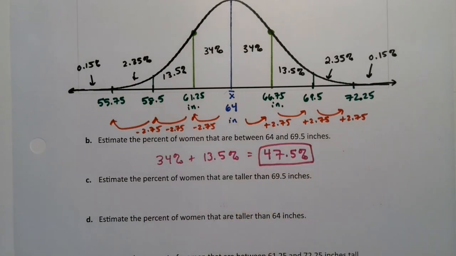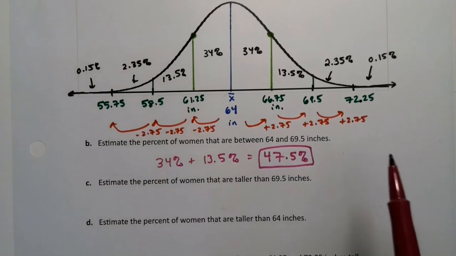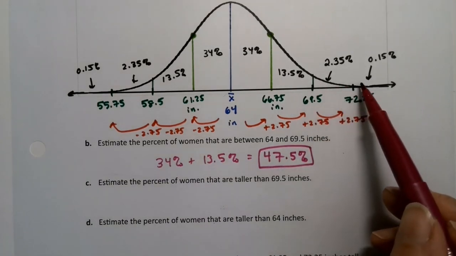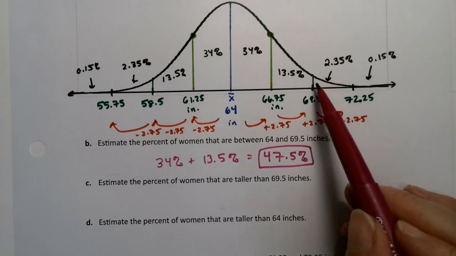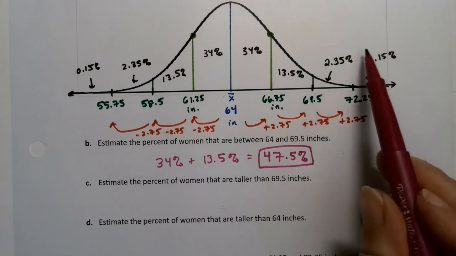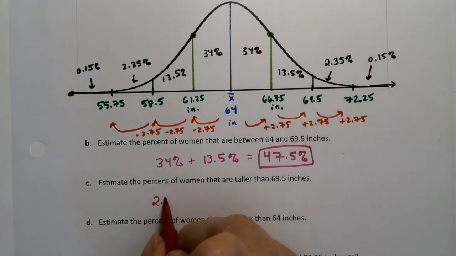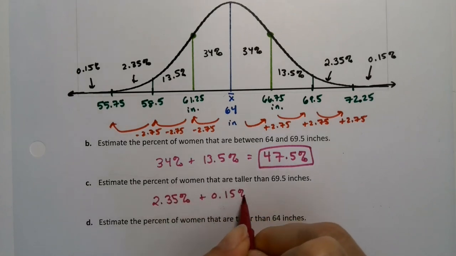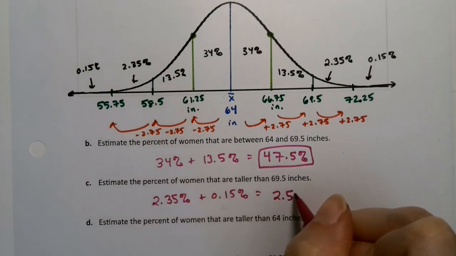That's it. All right, what percentage of women are taller than 69.5? That's over here. Here's 69.5, so taller than 69.5 is these two percentages. So it's 2.35% plus 0.15%, which is 2.5%.